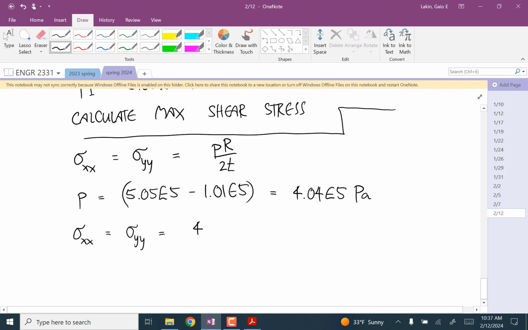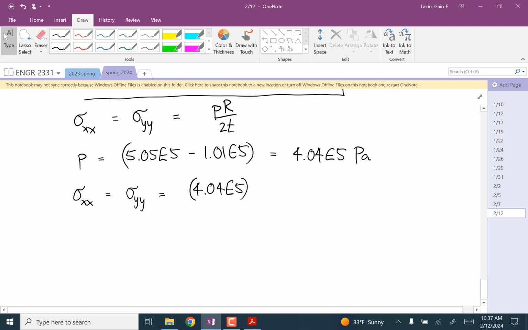We get 4.04 times 10 to the 5 times the radius of 10 centimeters, 0.1 meters, divided by 2 times the thickness of 1 millimeter.